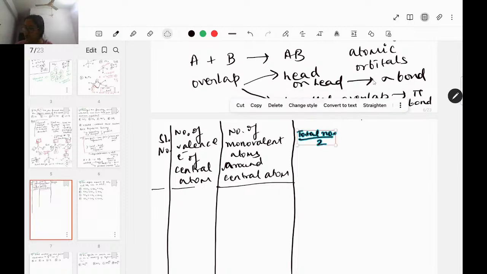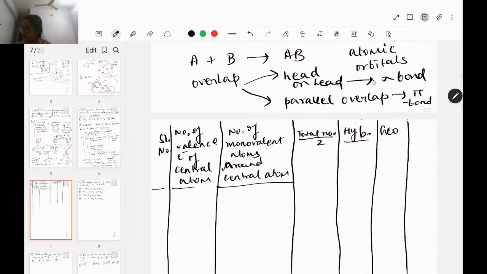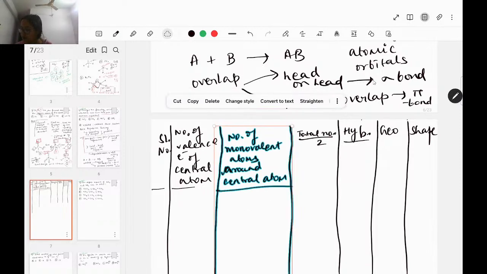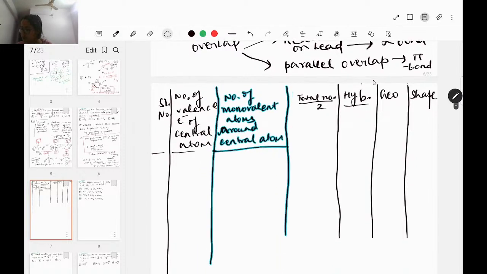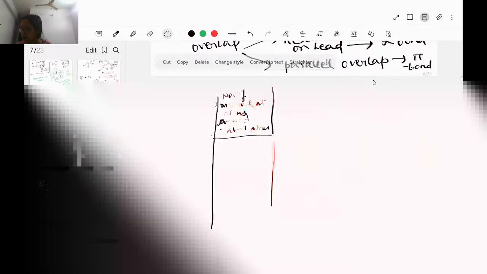Now we then have the hybridization, and then we have the geometry, and then we have the shape. Let me try to shorten this part down. Let me see if I can do this or not.